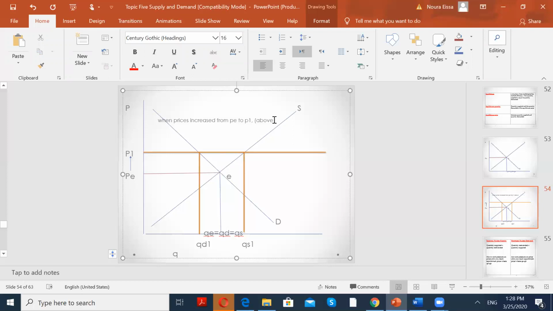Above equilibrium. Therefore, quantity supplied 1 is larger than quantity demanded 1.